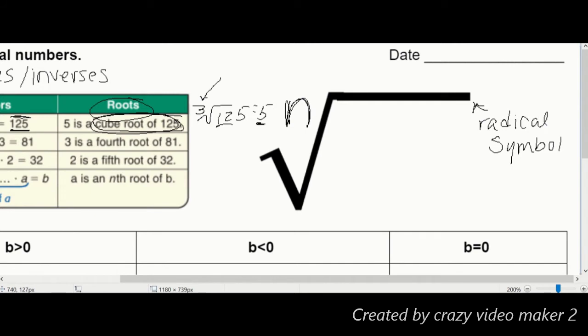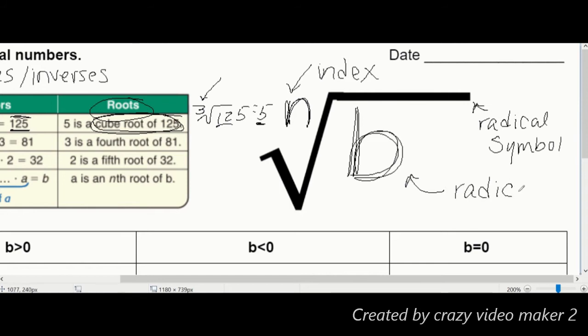This number on the outside we'll just label as n right now as a variable, a number that we don't know yet. We're going to label that as our index. And then our inside number, I'm just going to give it the variable b for now. That inside number is our radicand. Radicand versus radicand not. I'm so funny.